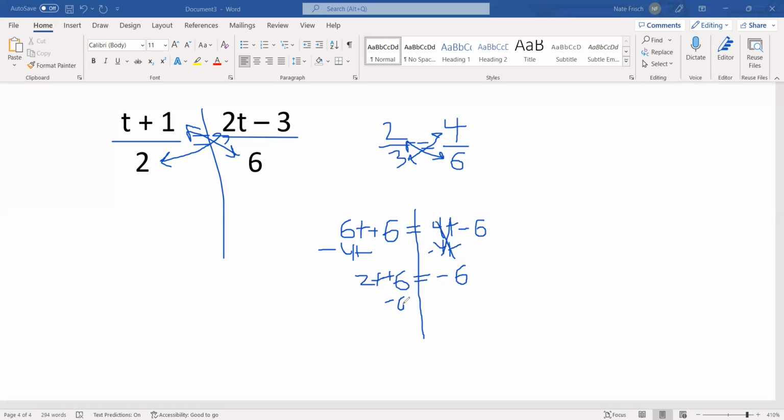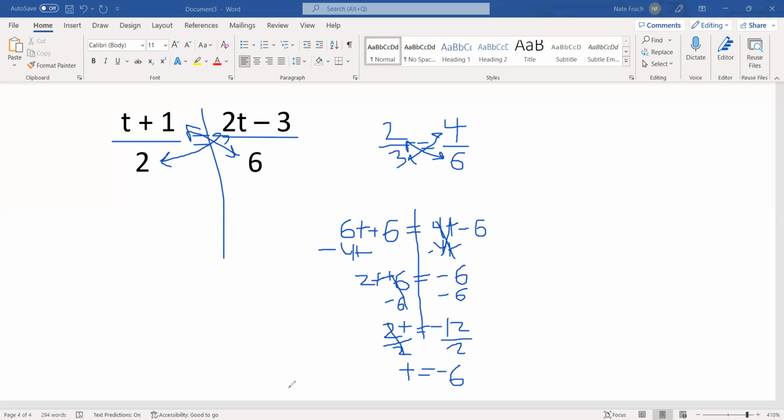I'm going to subtract 6 from both sides. On the left side, I'm just left with 2t. After these have canceled, -6 minus 6 is -12. Right now, t is being multiplied by 2. Divide both sides by 2 to undo that. 2 divided by 2 is 1. 1t is just t. -12 divided by 2 is -6, which is the same answer we came up with before.